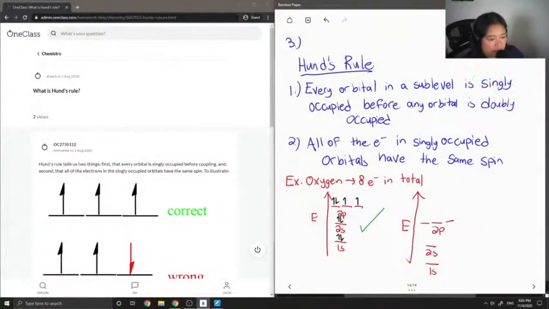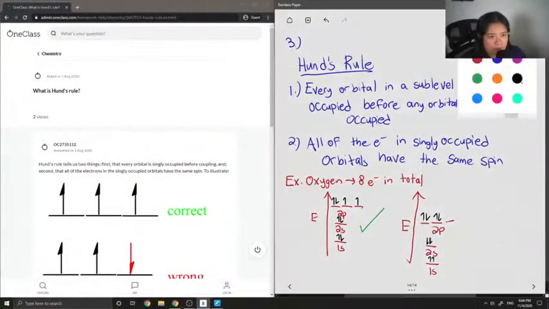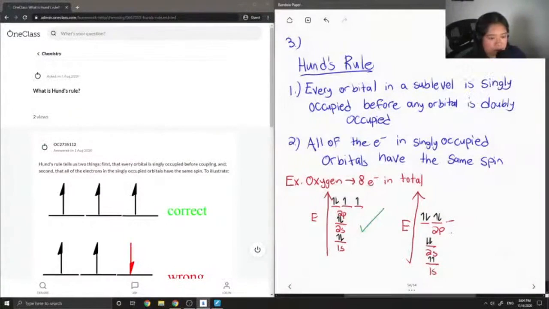This is when you would just go 1, 2, pointing up, 3, 4, 5, 6, 7, 8. Something weird like this. So don't do this example.